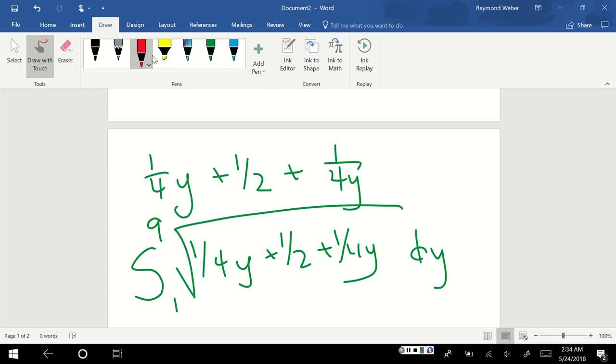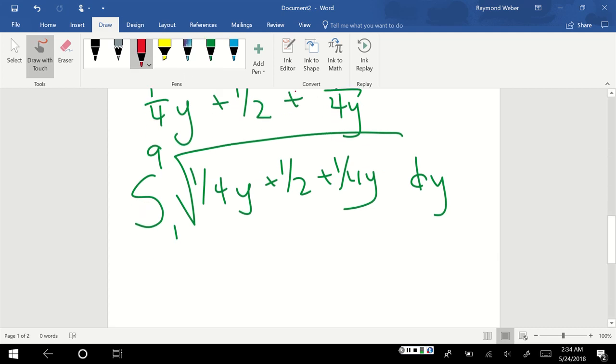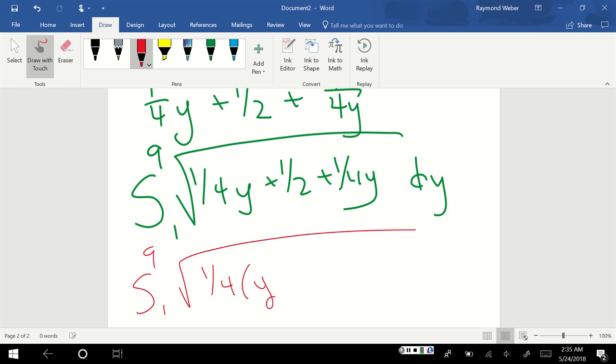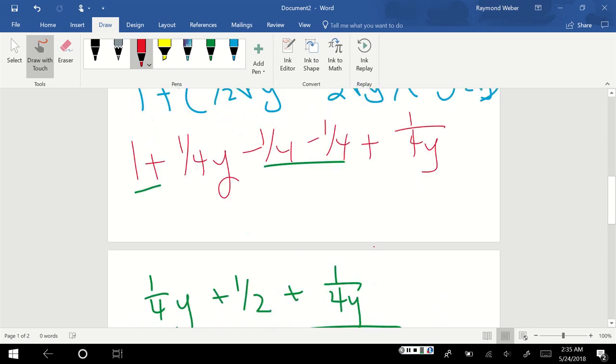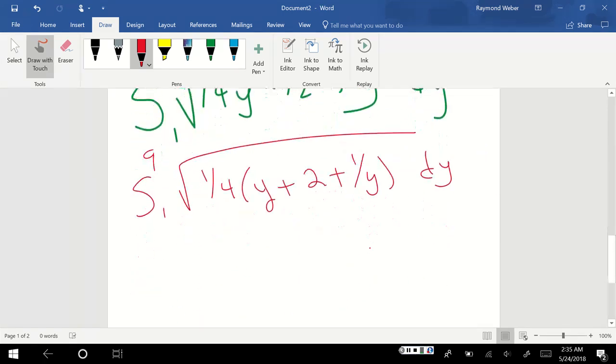Probably going, I don't know what I can do with that. So this is where all those algebra tricks are coming back. Those algebra tricks we told you, you need to know those. So I'm going to pull a 1/4 out here. I'm going to have y plus 2 plus 1 over y, dy. Okay.